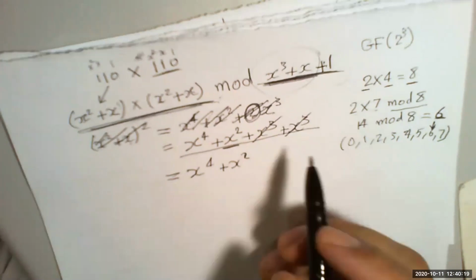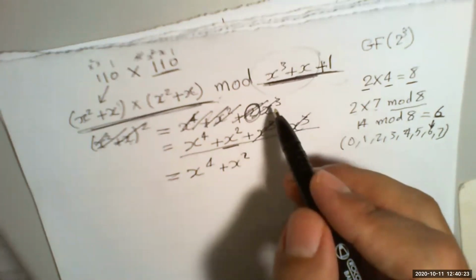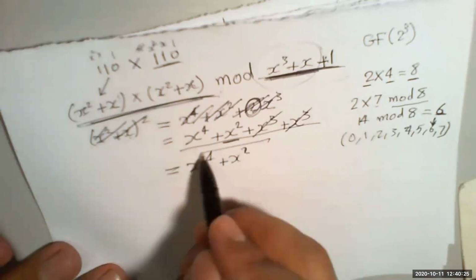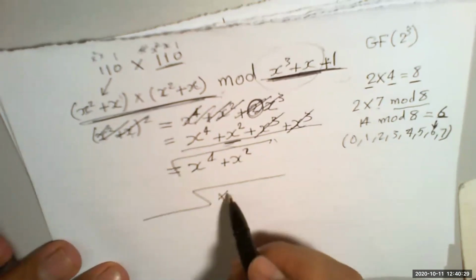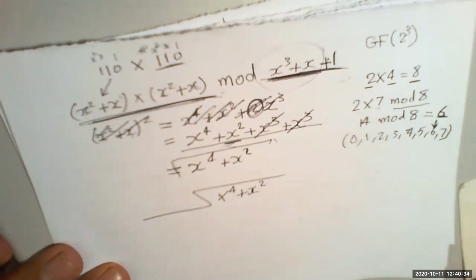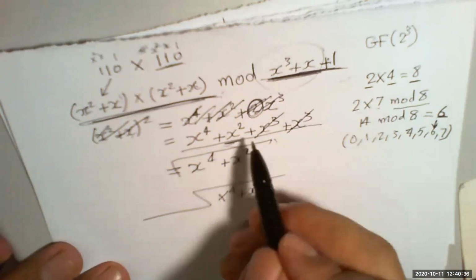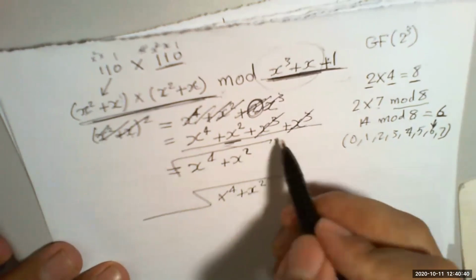How to make sure this is not getting out of our domain? Just divide this number, long division by, okay, let's take it another way. Long division. Doctor, why do you remove x cubed with x cubed? I remove x cubed and x cubed because we are doing the XOR operation.